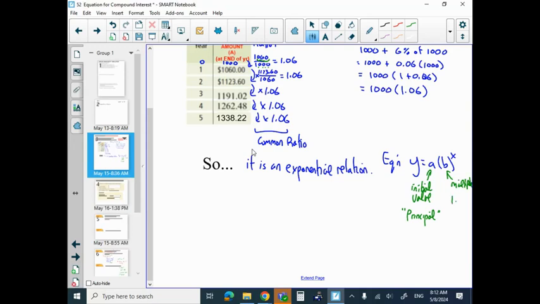In this case, that multiple is 1.06. So obviously that is 1 plus your r as a decimal, your interest rate as a decimal. So 6% is your 0.06. And up here is just your number of years and so on, right? And this is the value of the investment or the amount.